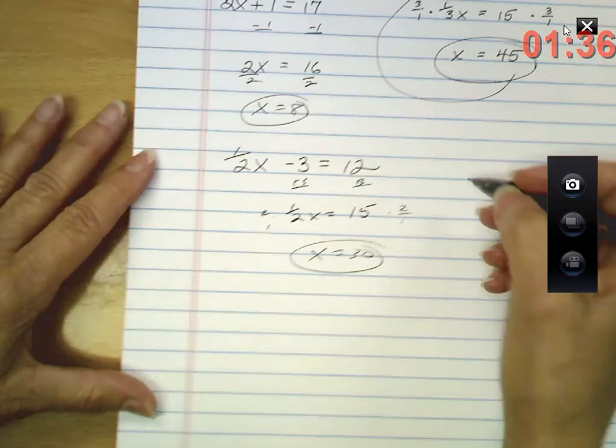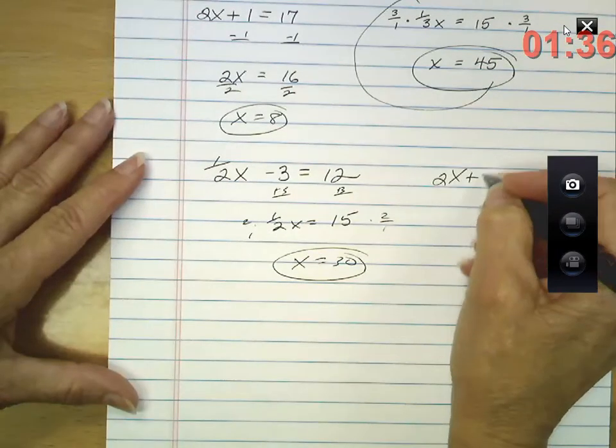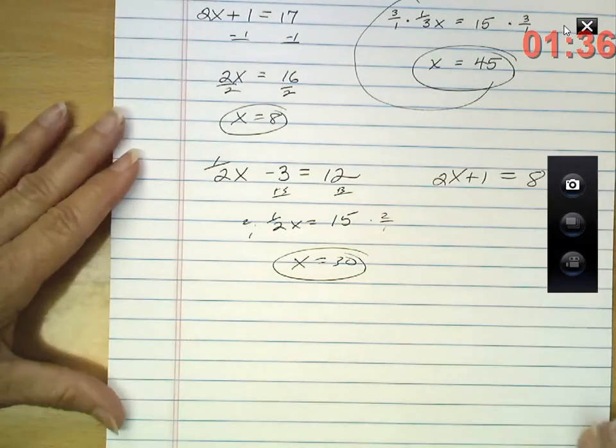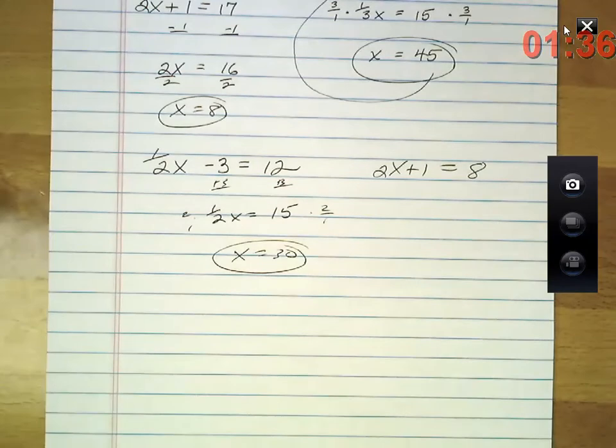All right, do this one. 2x plus 1 equals 8.